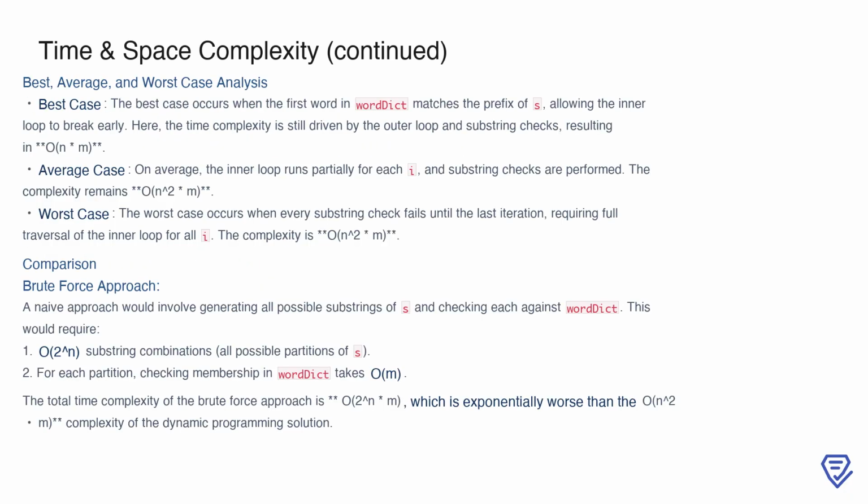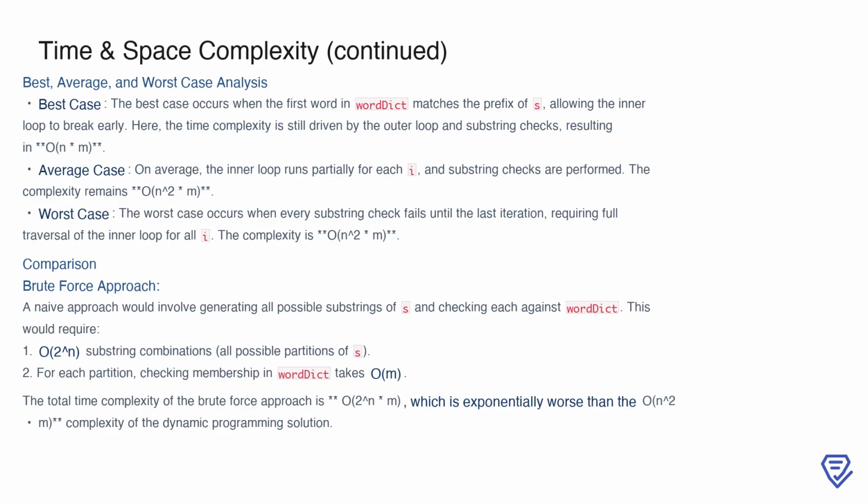Now, let's analyze the best, average, and worst cases. In the best case scenario, the first word in wordDict matches the prefix of s, allowing the inner loop to terminate early. In this situation, the time complexity is still driven by the outer loop and substring checks, resulting in O(n * m).